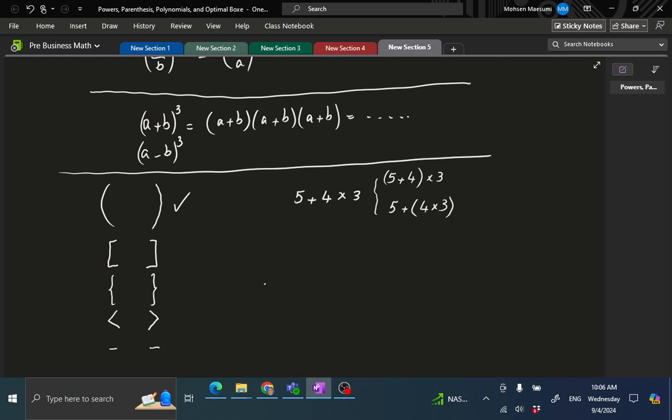The particular order says that at the top of the pole are parentheses, after that come powers, after that multiplication and division, after that addition and subtraction. Typically students memorize this by saying P for parentheses, E for exponentiation, M for multiplication, D for division, A for addition, and S for subtraction.